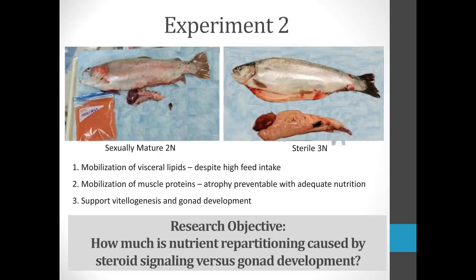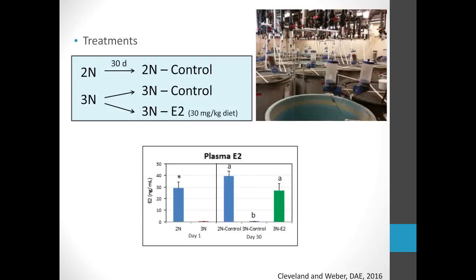sexual maturation. We started the study with 2 groups of fish that were approximately 19 months old, so the diploid females were actively developing gonads. The diploids were on a standard controlled diet, as were a group of triploids. And then we had a 3rd group that were triploids consuming estradiol at 30 milligrams per kilogram of diet.